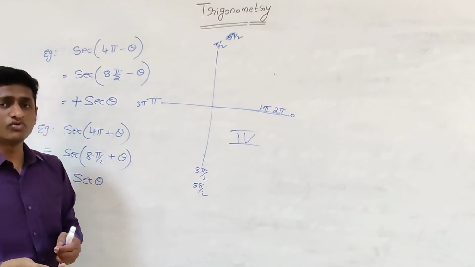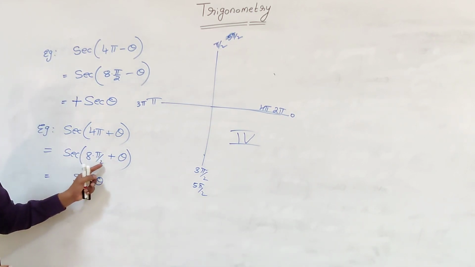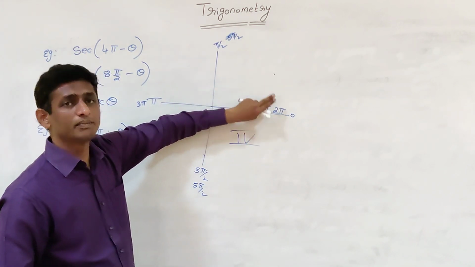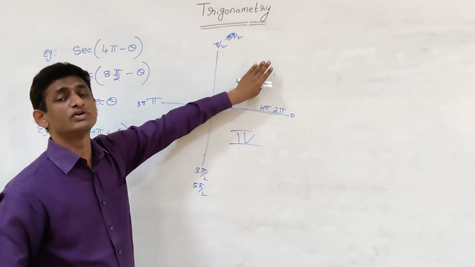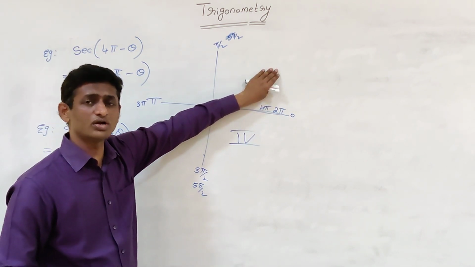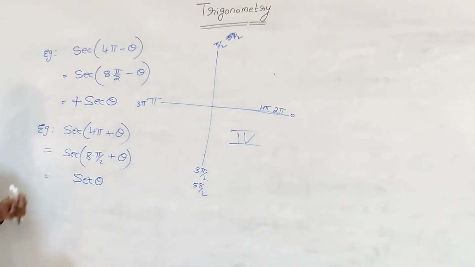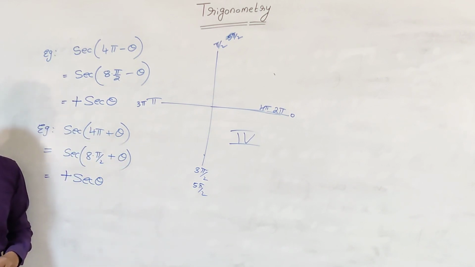But when will it be plus and when negative? 8 times pi by 2 plus theta means 4 pi plus theta. Plus means we are adding some angle theta to 4 pi, so it lies in the first quadrant. In the first quadrant, all trigonometric ratios are positive, so for secant also it will be positive. So secant of 4 pi plus theta will be secant theta. Next problem.